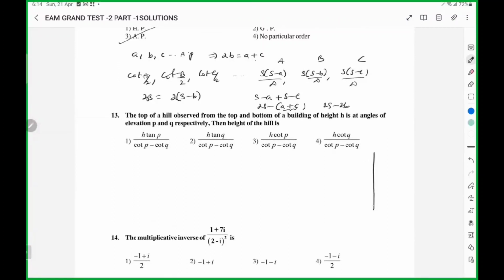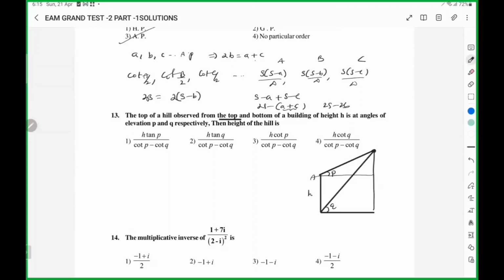So this is a hill, and here is a building. From the top of the hill, he observed the building with an angle of elevation P, and from down, with an angle of elevation Q. He is given the height of a building and is asking the height of the hill.